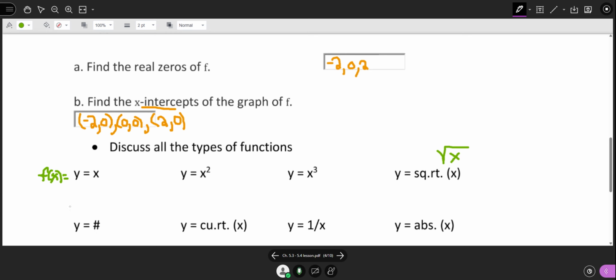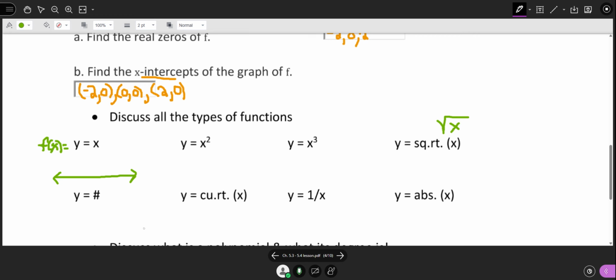Y equals a number is a horizontal line at that y value. I didn't put it in the handout, but it is something you need to know. X equals a number is a vertical line at that x value.